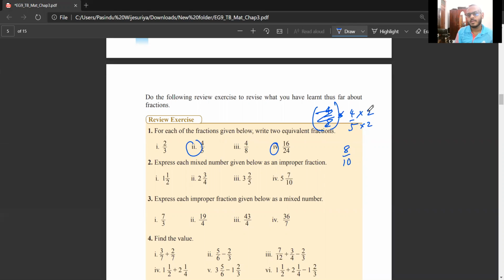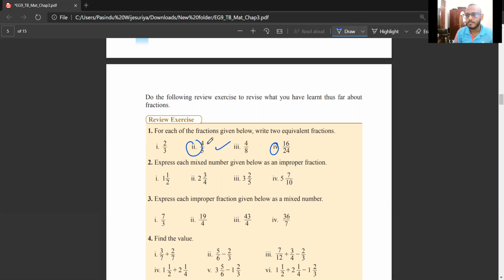Or multiply it by 3 next time. 4 into 3 is how much? 12. 5 into 3 is 15. So done for this one. Let's go to the fourth one. When you say equivalent fractions, you can either multiply or divide.